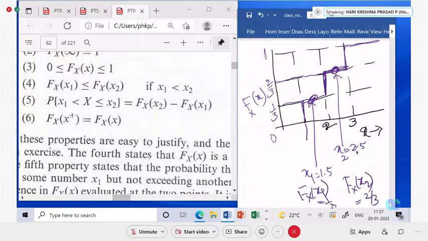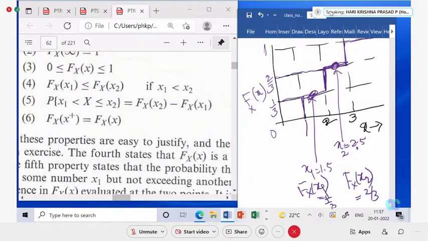I am reading from the graph. What is the difference between the two? It is 1 by 3. So the probability that random variable x lies between 1.5 and 2.5 is 1 by 3. That is the meaning. Is it appreciated?